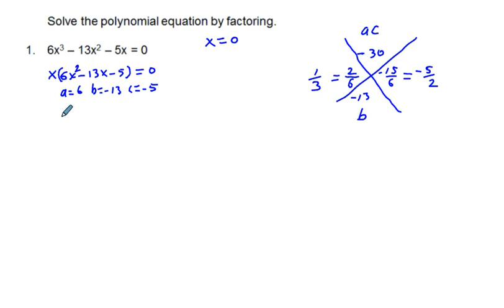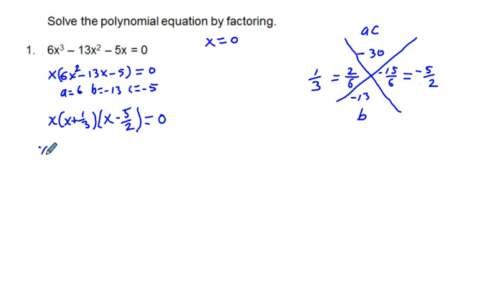So now, we take x plus 1/3, and then x minus 5/2. And those are all equal to 0. But what we're going to do is use the bottoms up method here.